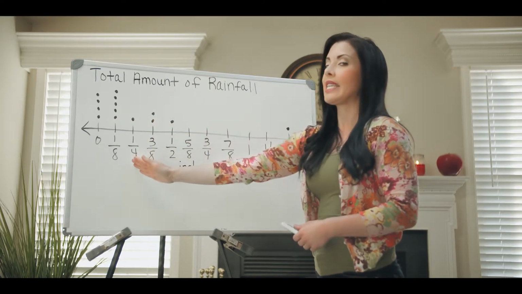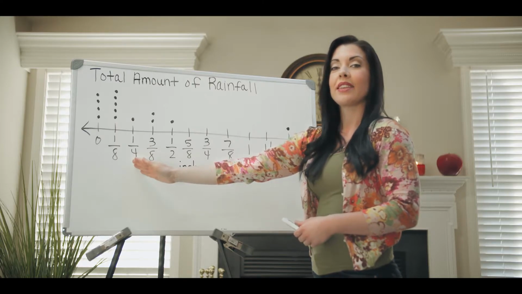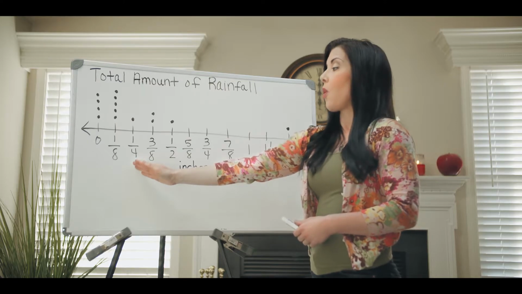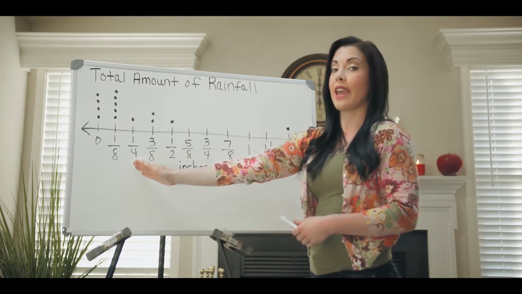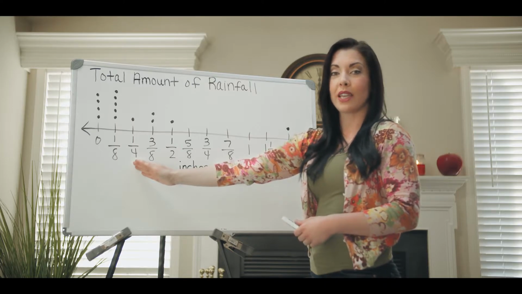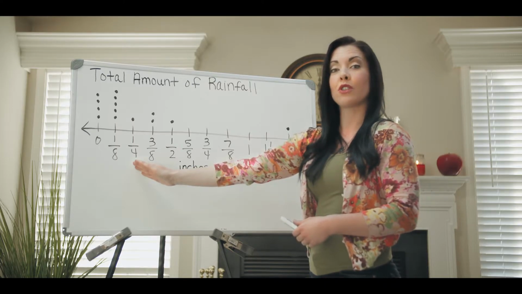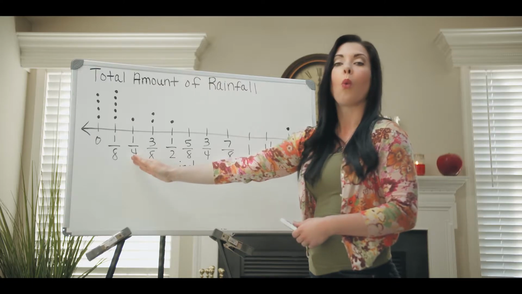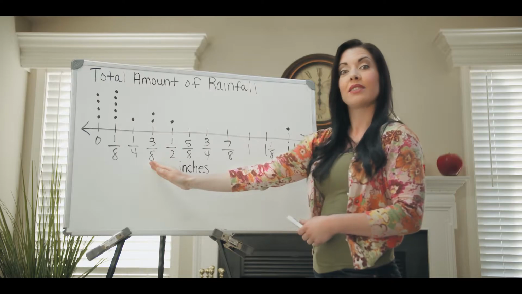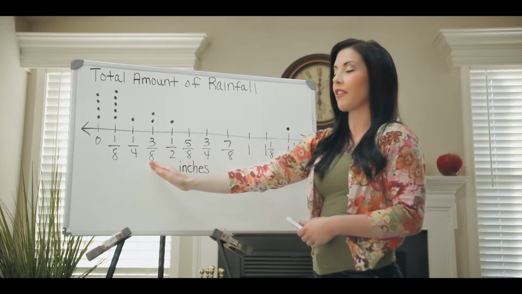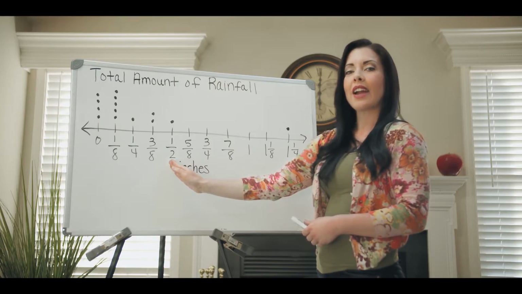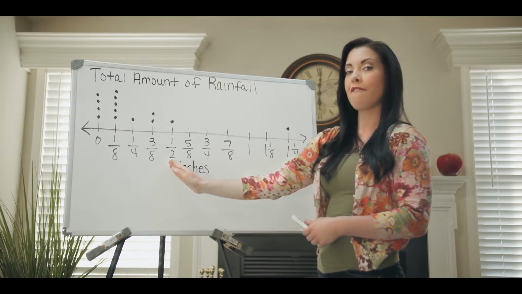If I were to continue in that way, the second point would be 2/8, right? Well, what do I know about 2/8? Yep, I can reduce it by dividing 2 over 2 and making it 1/4. Okay, if I took the next spot, that's 3/8. Perfect. The next spot over is 4/8. What do I know about 4/8?